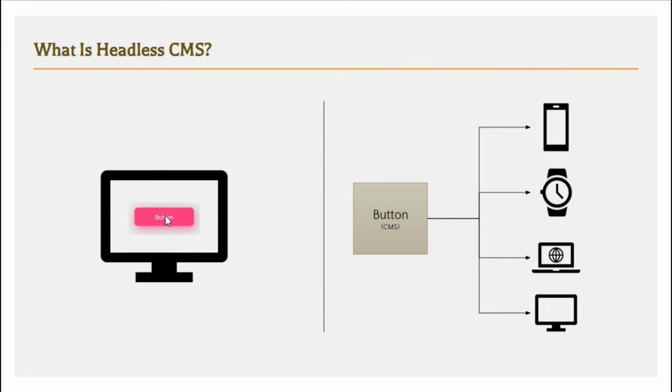And just the text which has to be displayed comes under the content part, right? So now if our content management system assumes that the content which we are displaying, this button, is in the HTML format, then it is a headful CMS.